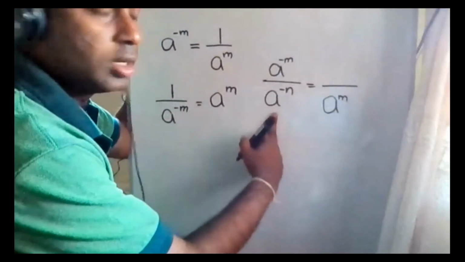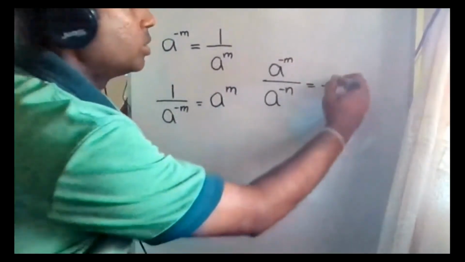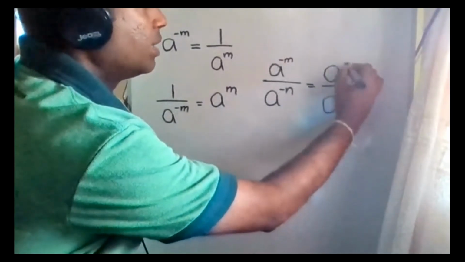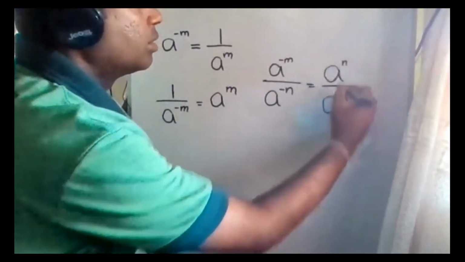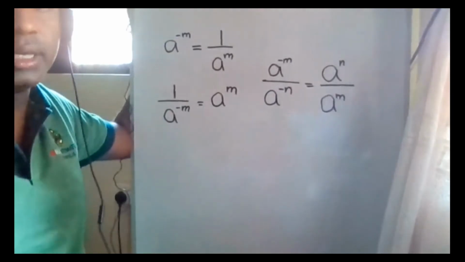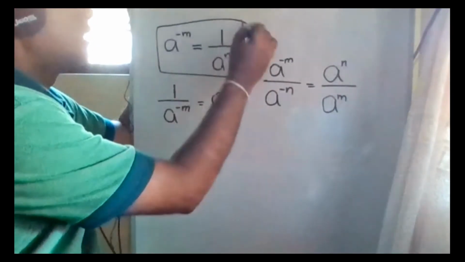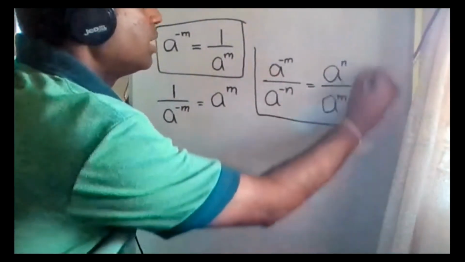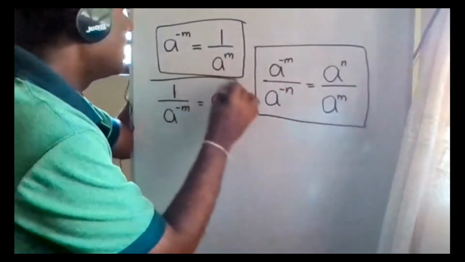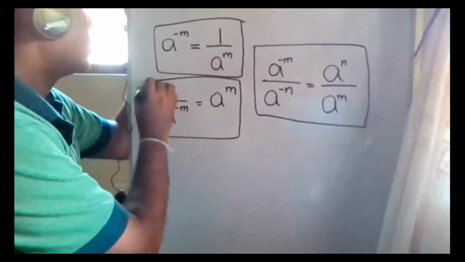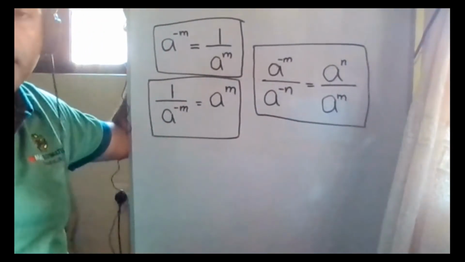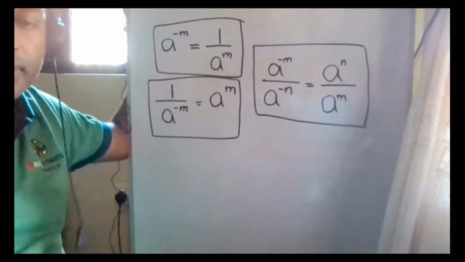You take the denominator number into the numerator place with a positive index. So you should remember these things as well: converting negative indices to positive indices. Right? Write down these things.